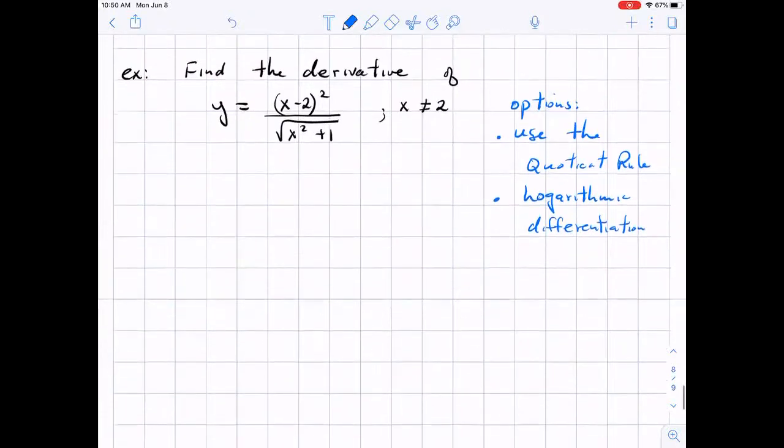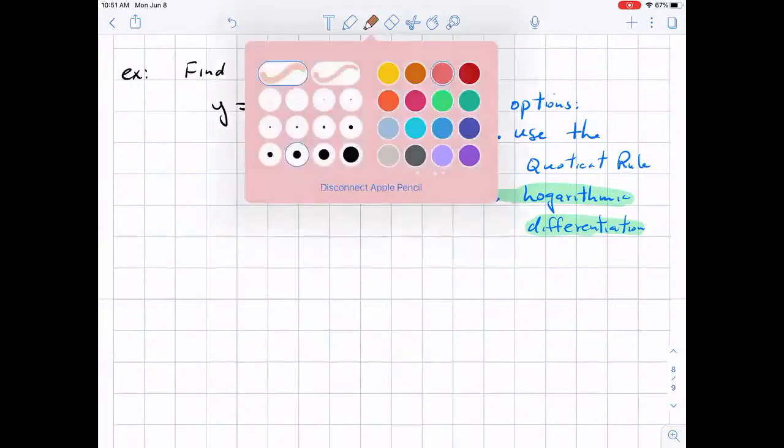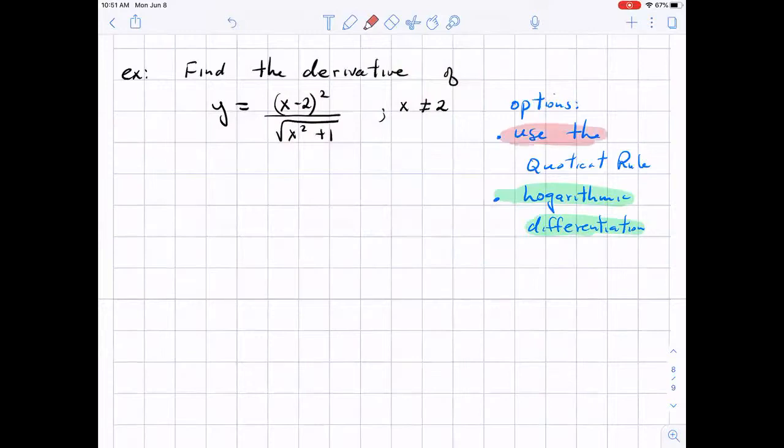Now, I want to choose this method to show you, because sometimes it makes life a little bit easier. We know how to use the quotient rule, and I would advise you to use the quotient rule for practice purposes. But for this purpose, I'm going to show you logarithmic differentiation.